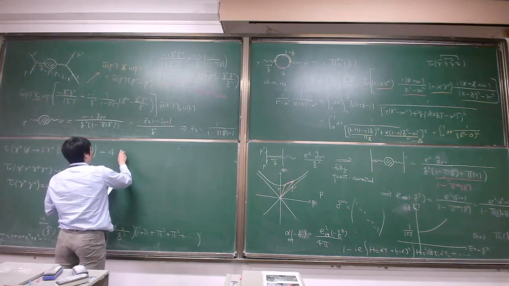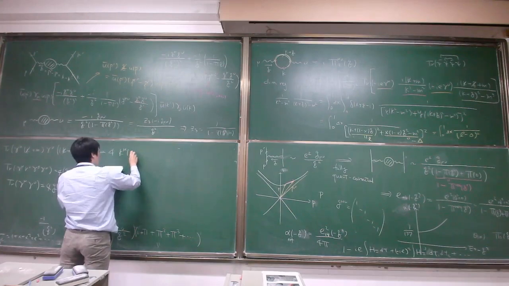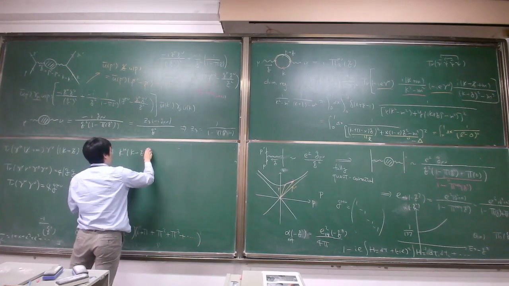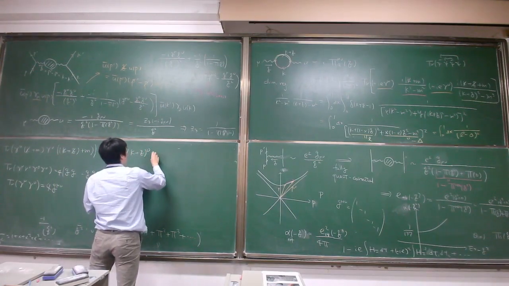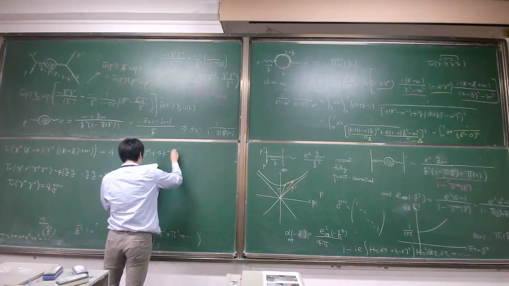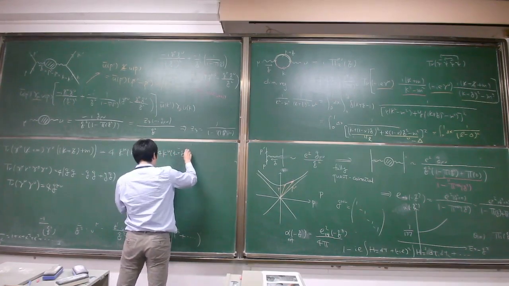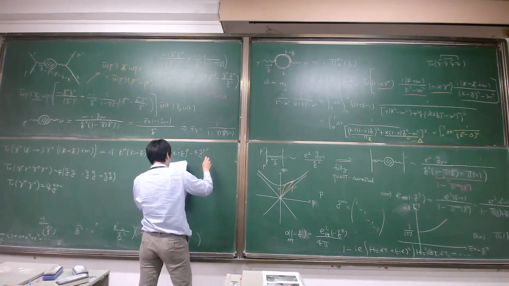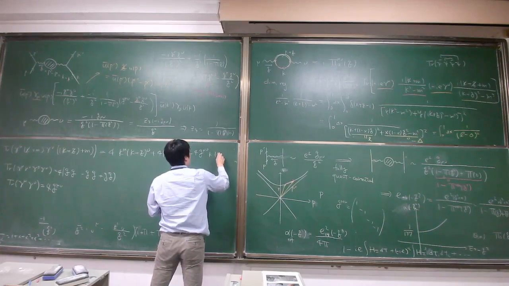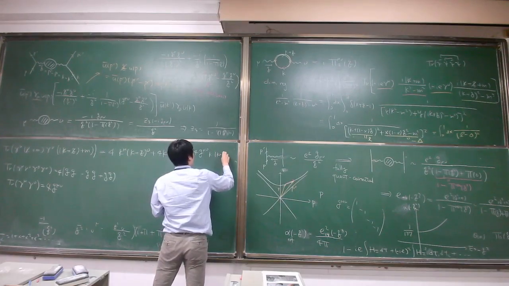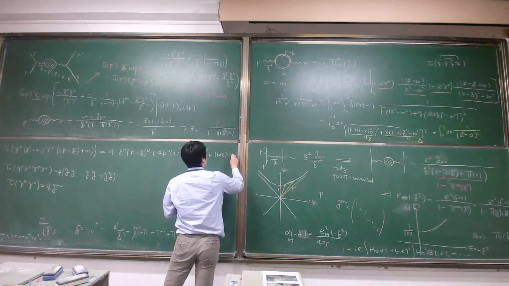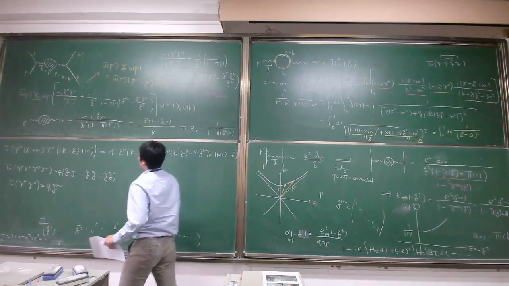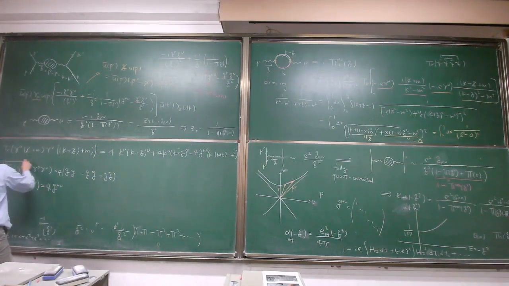And then what we have is that for K mu, K plus Q plus 4 K mu K plus Q mu minus 4 G mu times K dot K plus Q minus M squared. And then you need to change a variable.